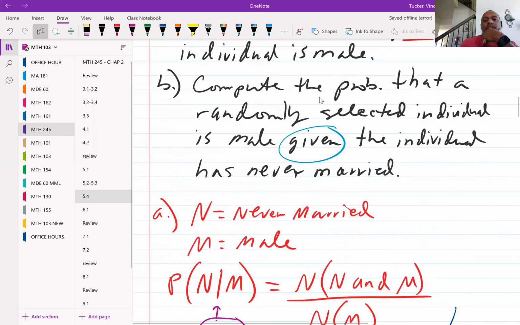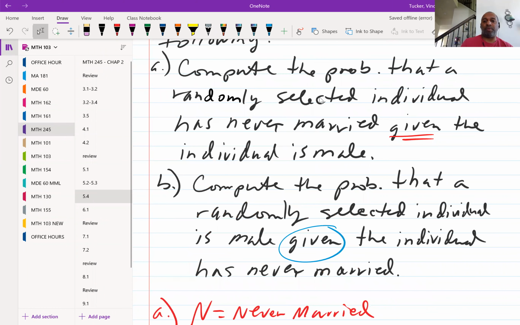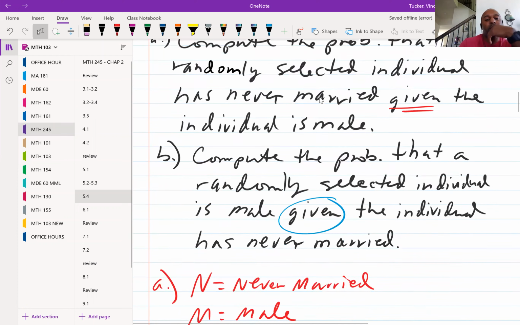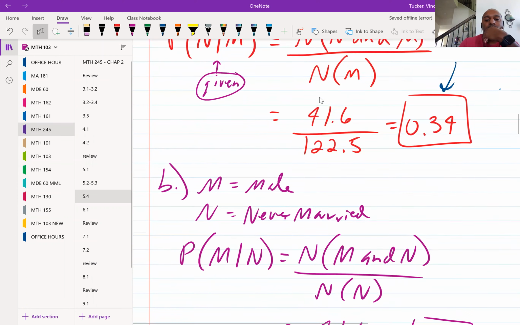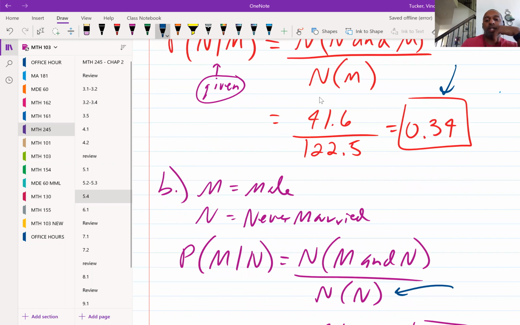So B is very similar, it just flips, basically showing the difference in the position. Remember, the position matters. If you want to know the probability of getting someone who's never married, given that the individual is female, the probability is going to be different from looking for the probability of a male, given that the individual was never married. So this time, never married will be on the bottom.